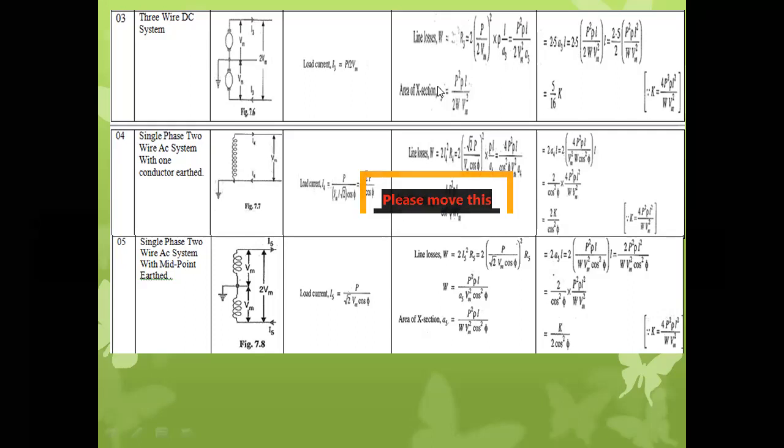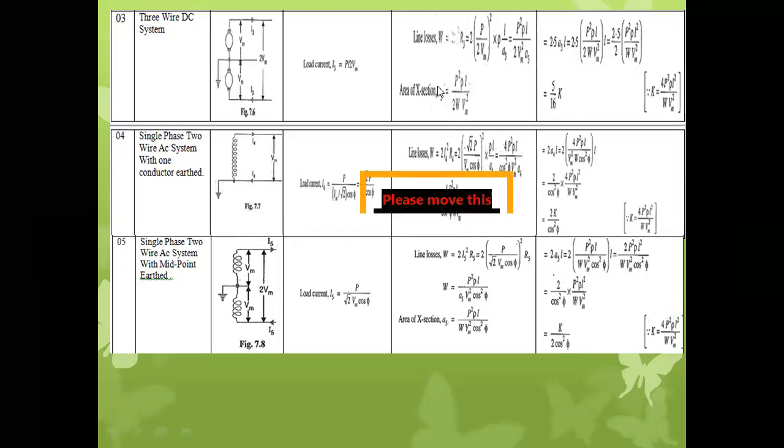Have you got the idea how to calculate it? Calculate the volume of conductor material required for the fourth case, if the value of K is equal to 100. I have given the value for the power factor, cos phi is equal to 0.85 lagging. Okay, lagging doesn't matter for the calculation.